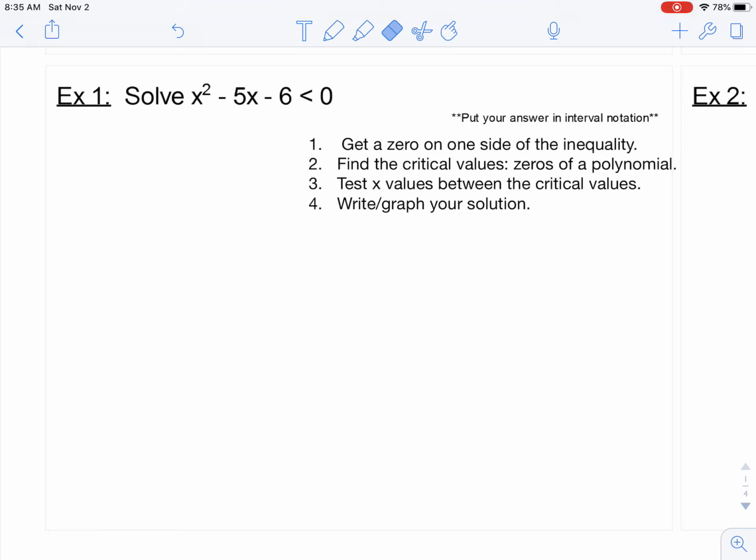Well, the critical values are those values where the sign changes from a positive to a negative or a negative to a positive on the number line. So first I'm going to just kind of factor this out. So x squared minus 5x minus 6. When I factor that, I get x minus 6, x plus 1.